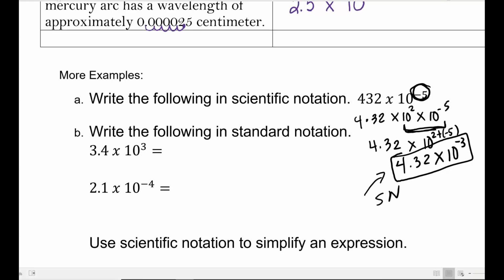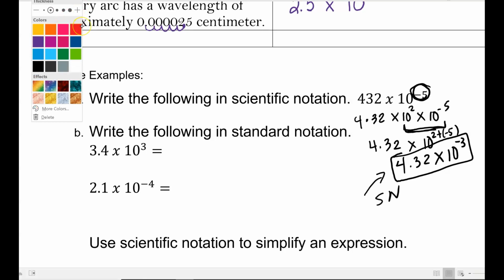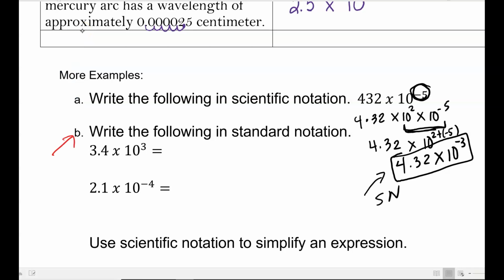All right, next, let's move on to 3.4 times 10 to the third. So the instructions here read, write the following in standard notation. So notice this is already in scientific notation, and we want to write it as a regular number, right?